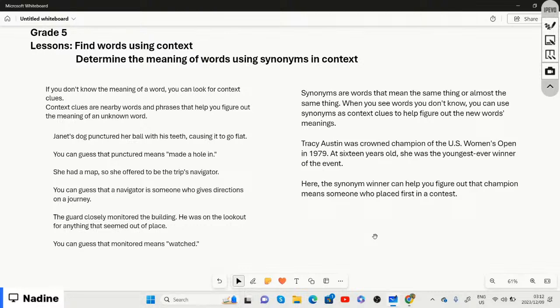And when you see words that you don't know, you can use synonyms as context clues to help figure out the new word's meaning.